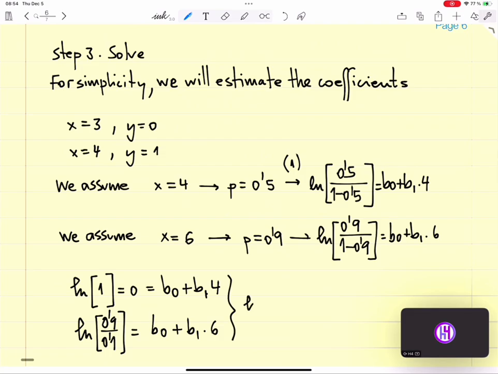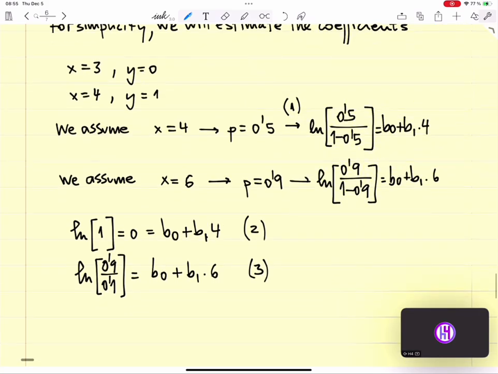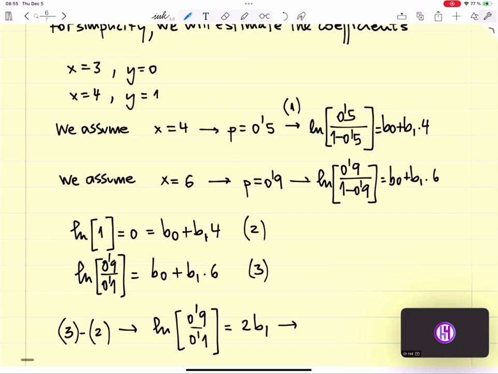So the logarithm, this is 2 and this is 3. So 3 minus 2 equals the logarithm of 0.9 divided by 0.1 equals 2 times b1. So can somebody do this, please, for me?